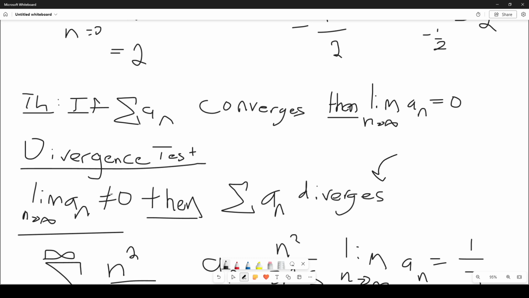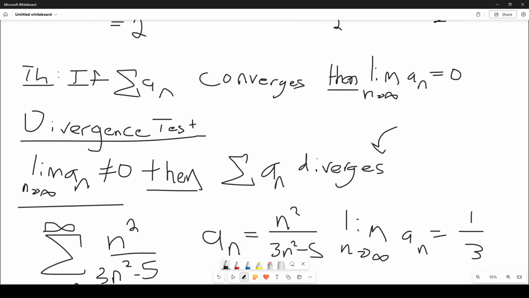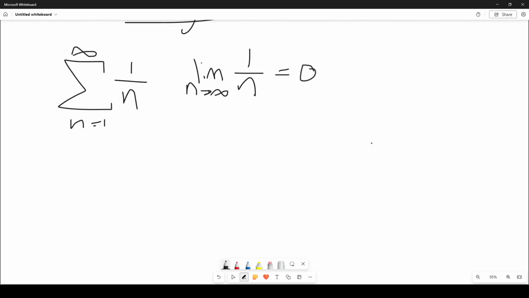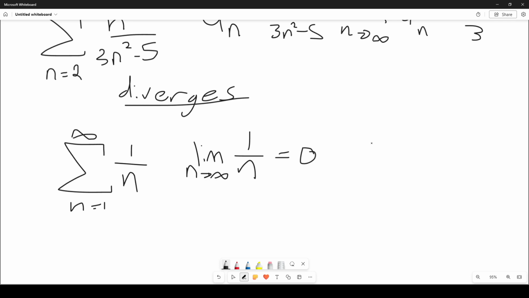Only the limit not equaling 0 will imply divergence. The limit does equal 0 doesn't really tell us if it converges or not. And as you might learn, the harmonic series does in fact diverge. So kind of famously, its limit equals 0, but the sum diverges, which is very surprising. And I'll send out a video which will prove this in hopefully a couple different ways that might be interesting.